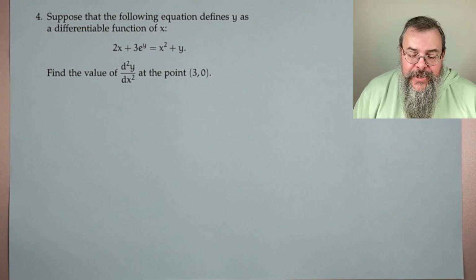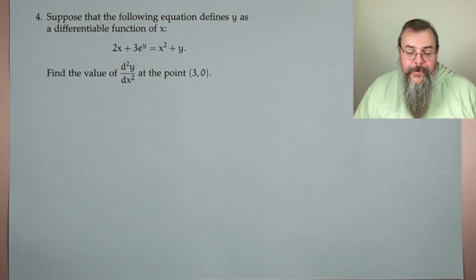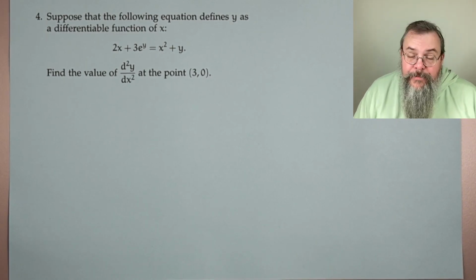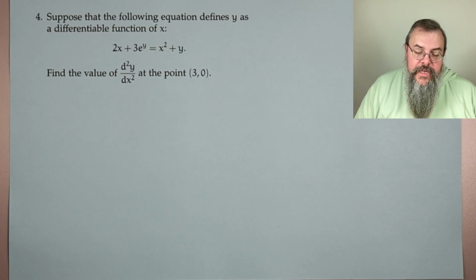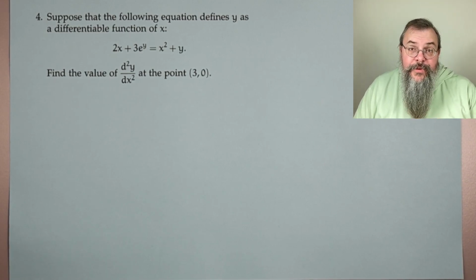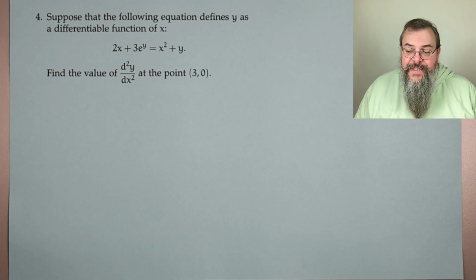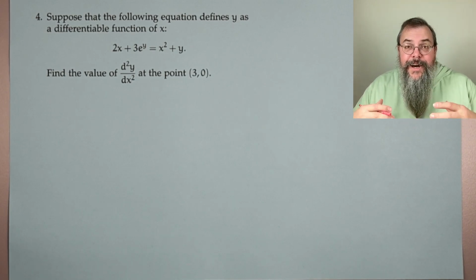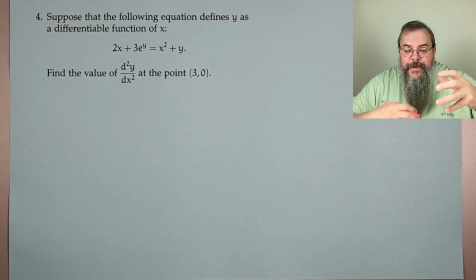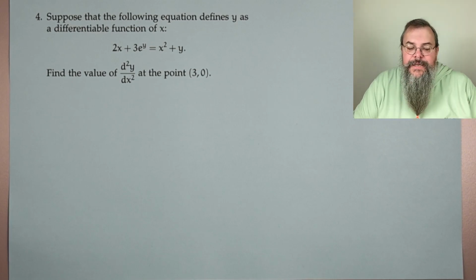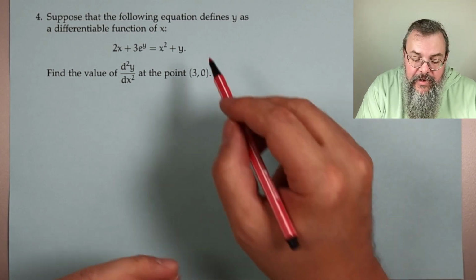Suppose that the following equation defines y as a differentiable function of x. So we have 2x plus 3e to the y equals x squared plus y. Now, notice something. This is not y as a function of x. Y's and x's are being mixed together, so it's not going to be really clean necessarily.